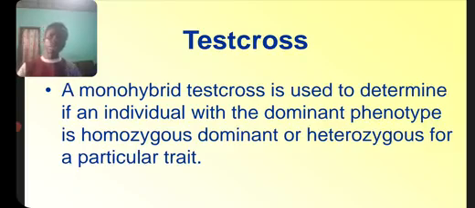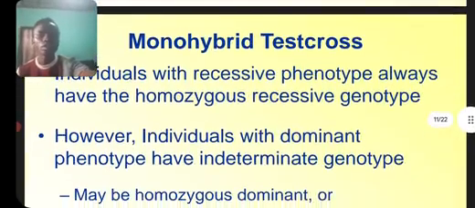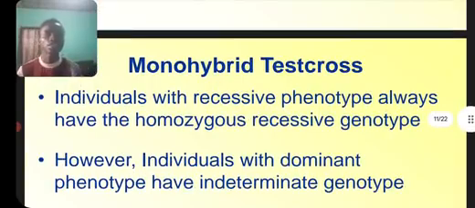Though this individual might appear tall, it's possible to have a tall individual with a recessive allele on the chromosome. So we have the monohybrid test cross. Individuals with a recessive phenotype always have a homozygous recessive genotype. That is key.